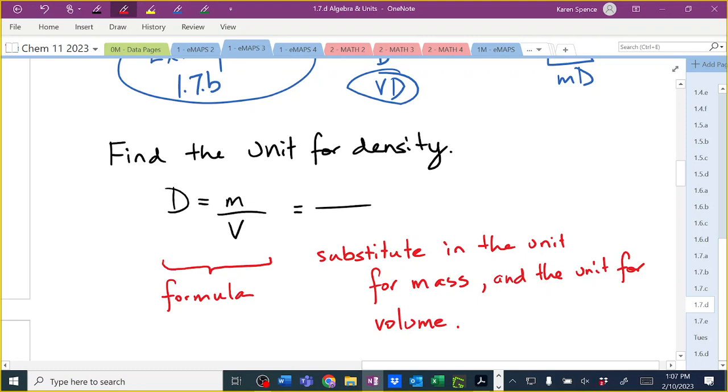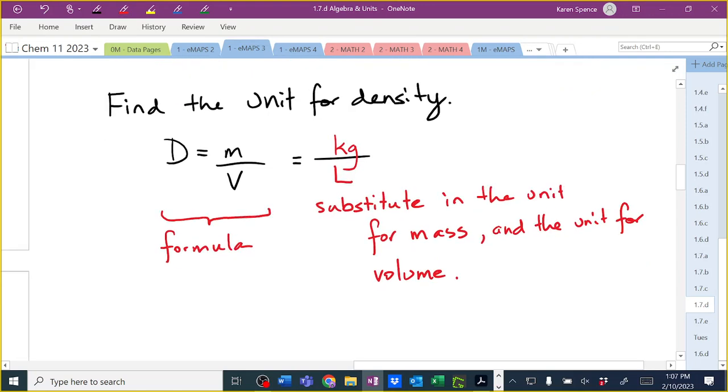Okay, so what is the unit for mass? Kilograms. So we're going to put in kilograms. And what is the unit for volume? Liters. And that means that the unit for density is kilograms per liter.